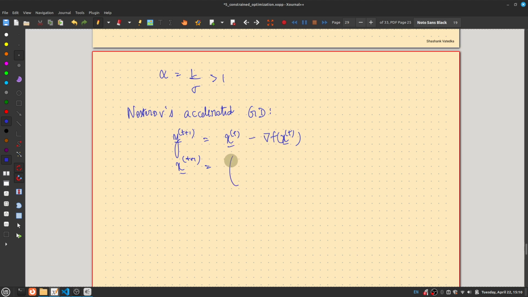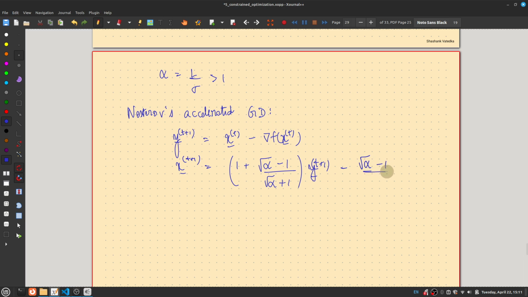You take this to be 1 plus square root alpha minus 1 divided by square root alpha plus 1 times y t plus 1 minus square root alpha minus 1 divided by square root alpha plus 1 times y t.